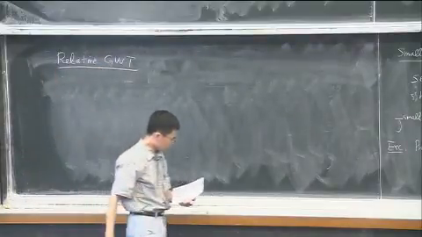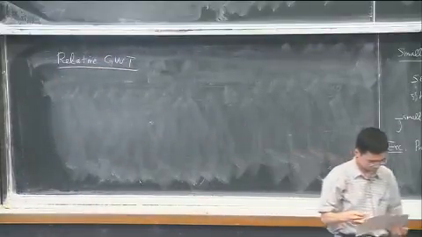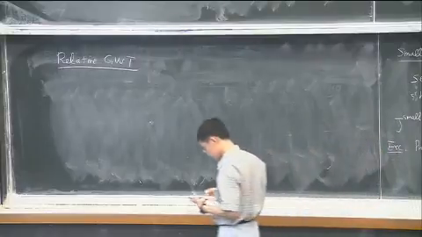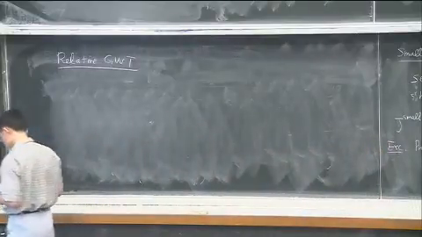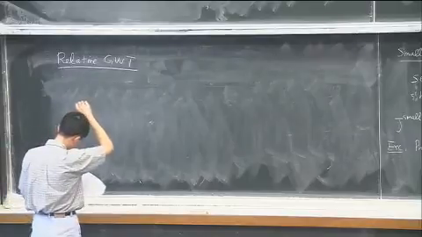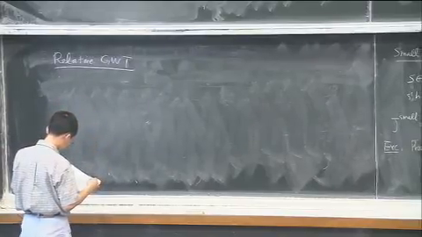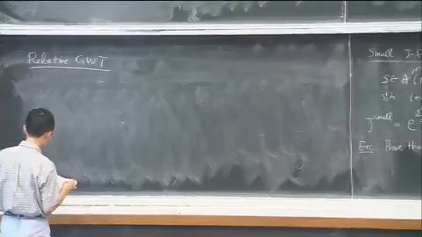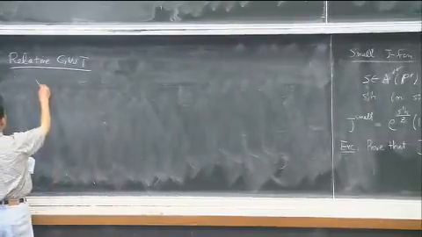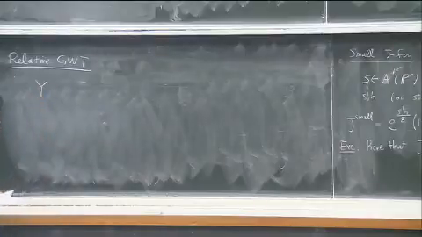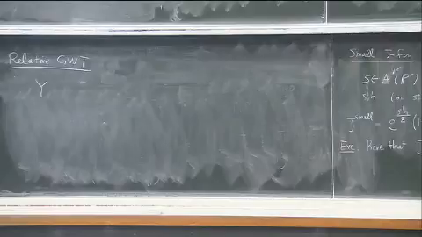So, relative coordinate theory. I'm going to change notation. I'm going to denote my variety by Y, a smooth projective variety, for now.